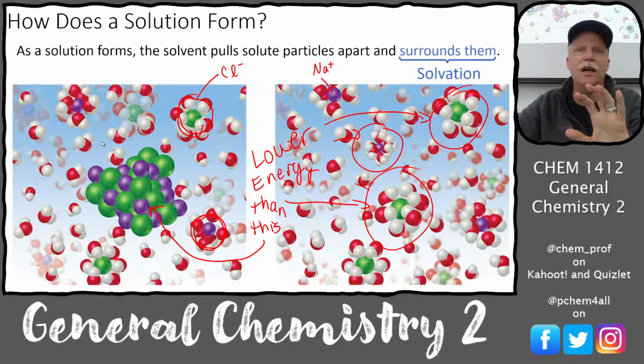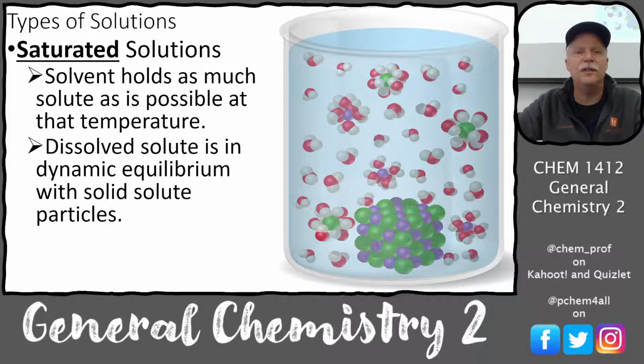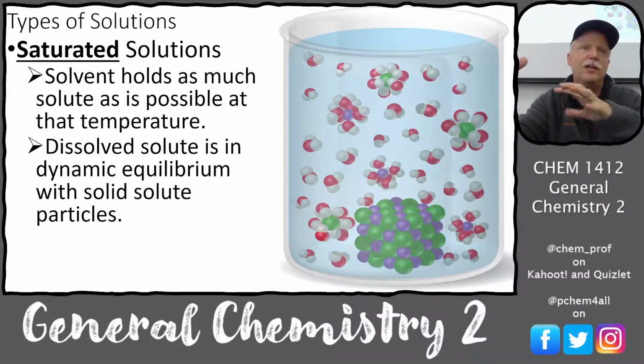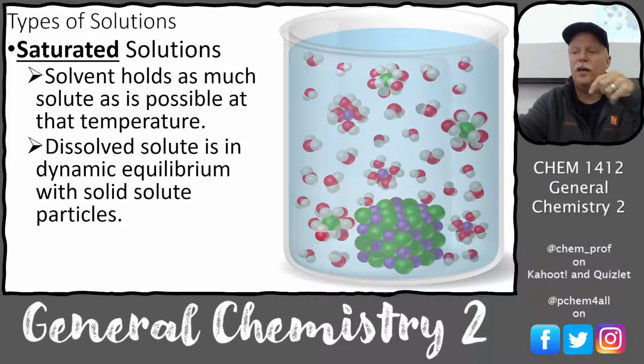Any questions about the concepts of what's going on? This is in particular for aqueous solutions. We're dissolving things in water. Okay, there's different types of solutions. This is a saturated solution. If we put too much salt in the water, it will solvate everything it can, but eventually you're just going to have salt crystals in the bottom.